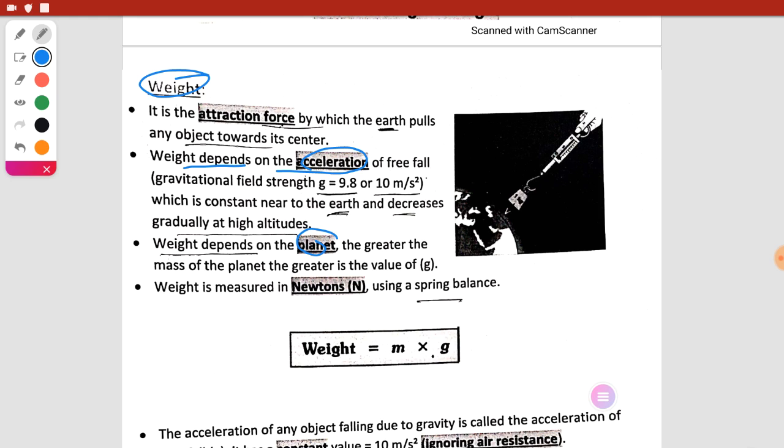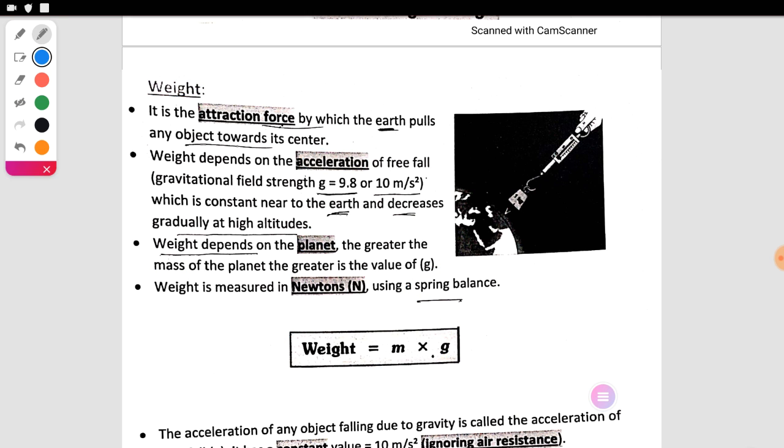The greater the mass of the planet, the greater the value of gravity. The weight is measured in newtons using a spring balance. Weight equals mass times acceleration due to gravity.